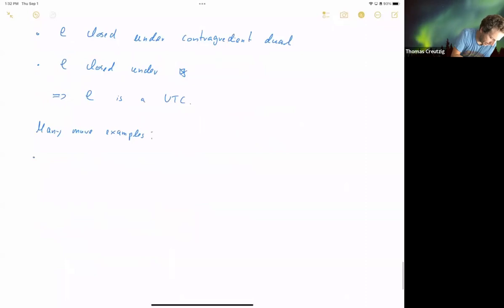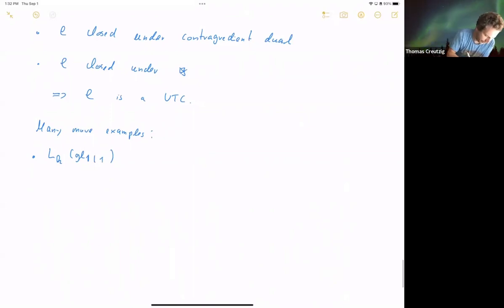Anyway, let me just write down a few well-established further examples. One of them, the nicest Lie superalgebra in many respects, is GL(1|1), and it turns out the universal affine VOA is already simple, and it's independent of the level as long as the level is non-zero.